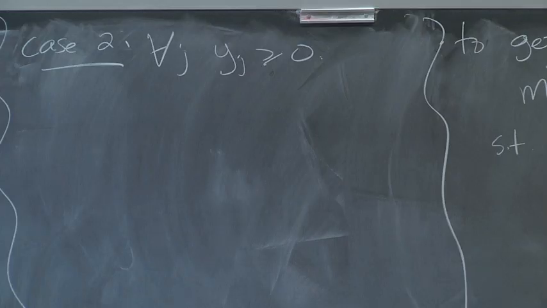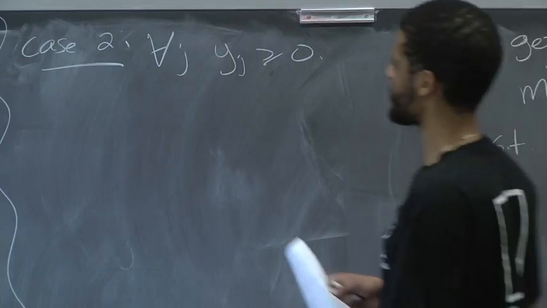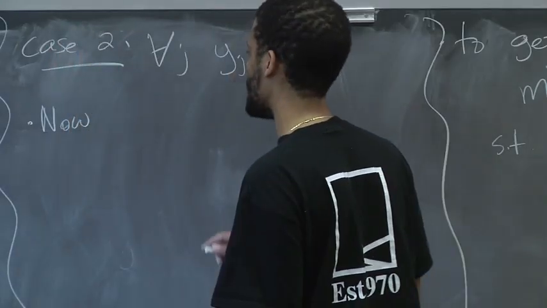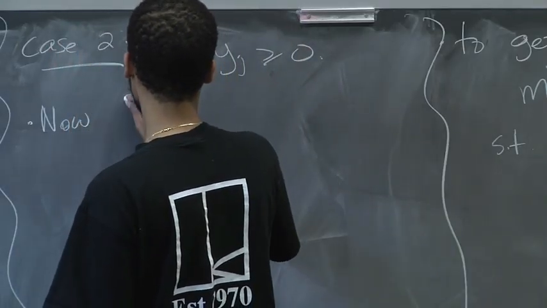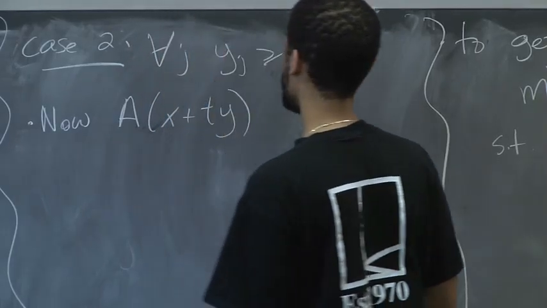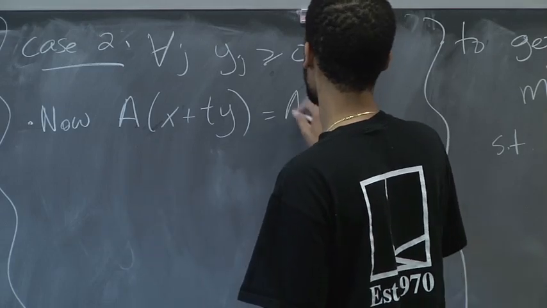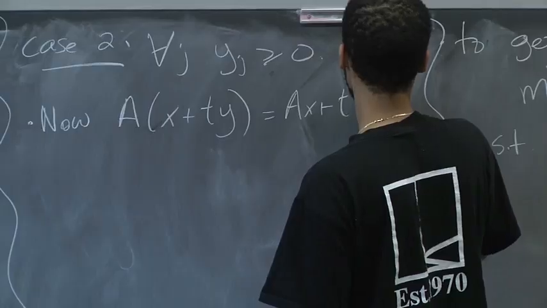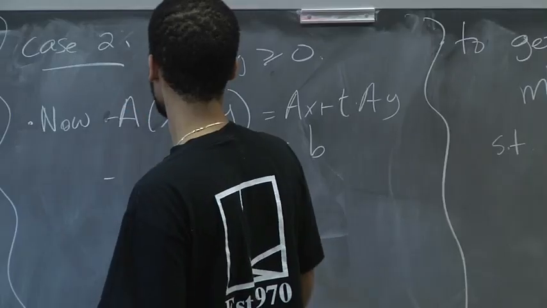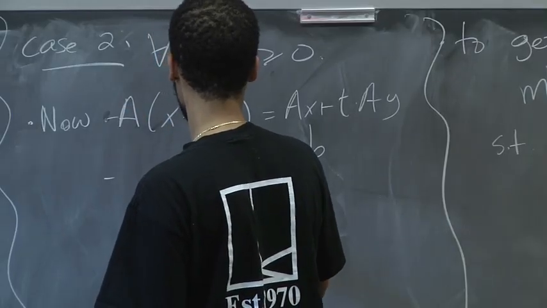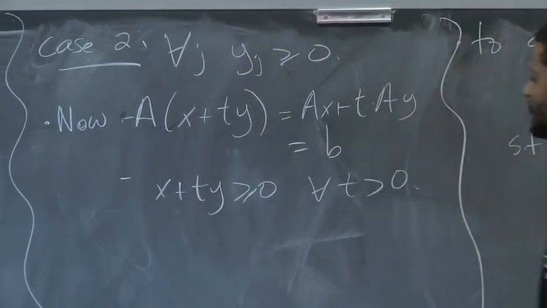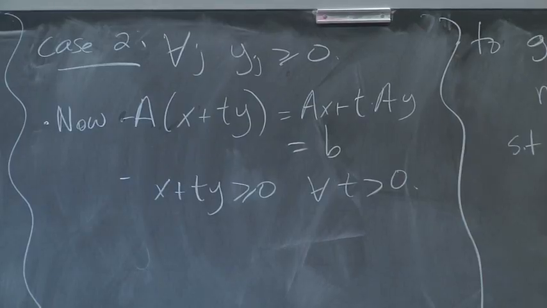But now what can I do? Now notice, A of x plus ty is still equal to Ax plus t times Ay, which is equal to b. And also, we have that x plus ty is bigger than or equal to 0 for all t bigger than 0. So x plus ty is always feasible.